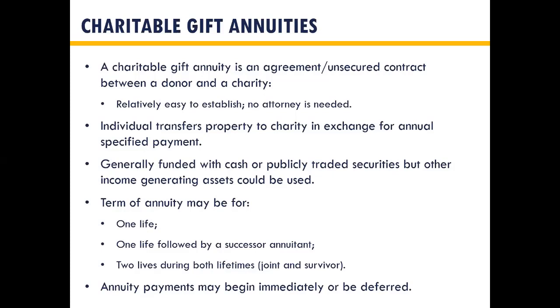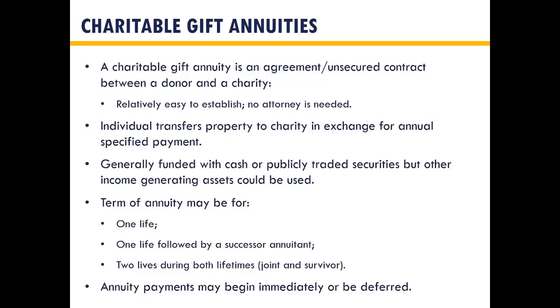Charitable gift annuities can be secured by the assets of you as the charitable organization, or you can choose to have them reinsured through a commercial annuity. But that's up to each organization's decision.